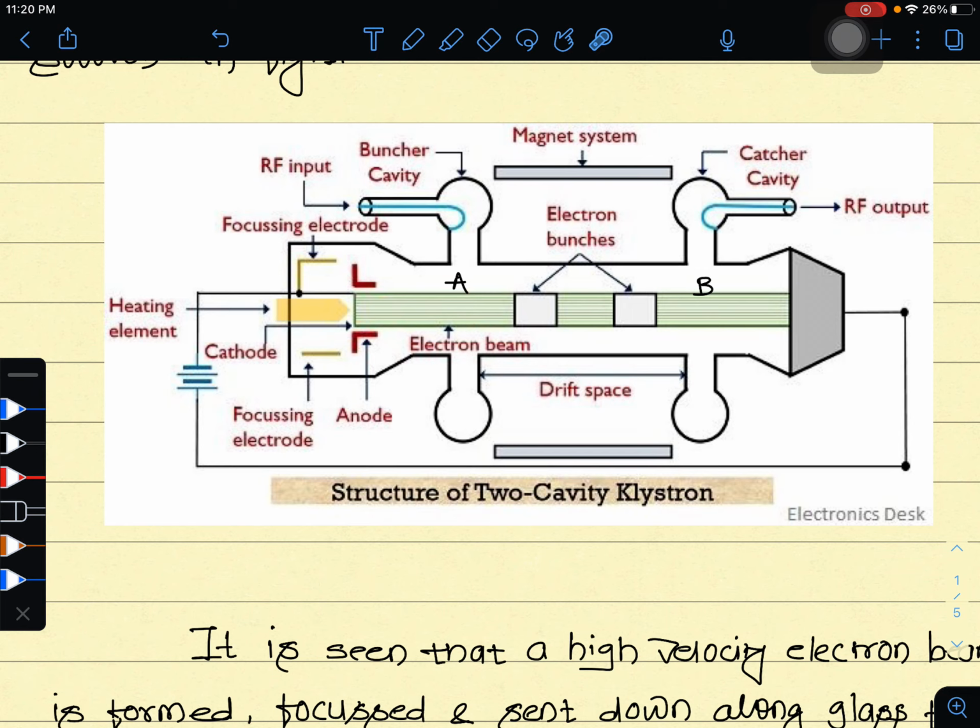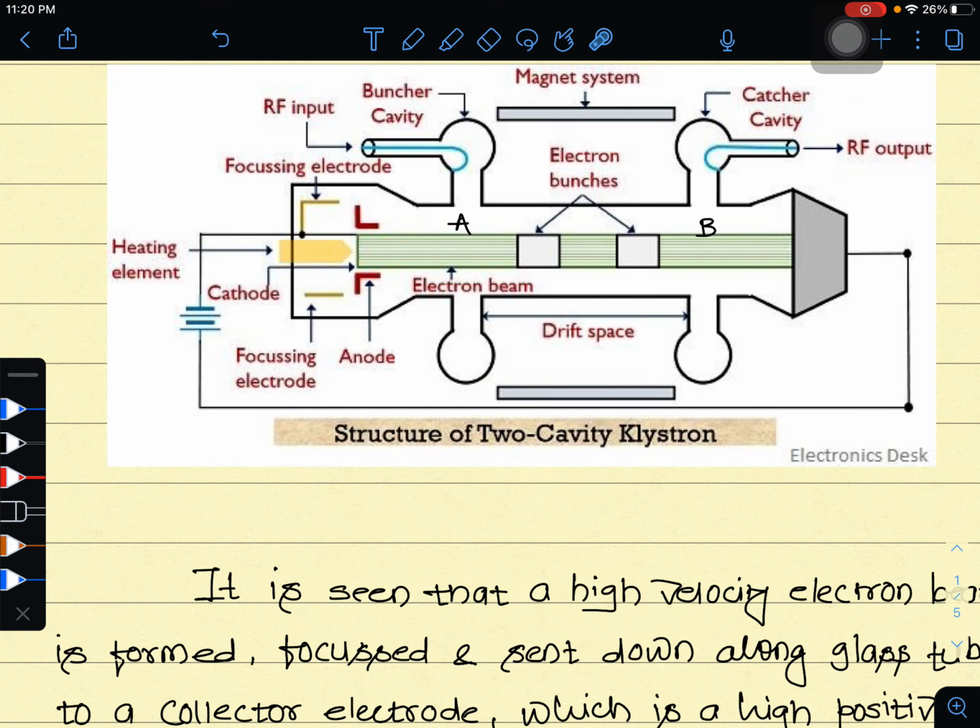Okay, now another point. The space between the grids is referred to as the interaction space.